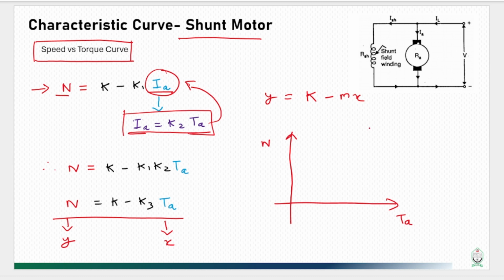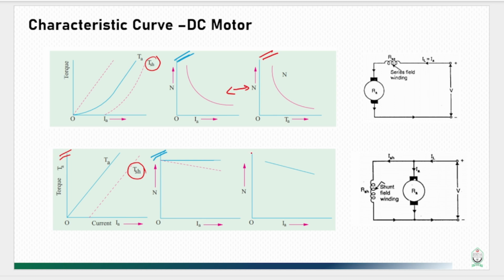So this will be a straight line having negative slope and a constant with positive value. So this should be the figure of the characteristic curve between speed and torque of shunt wound motor. Let us again verify whether we have reached the correct curve or not. Yes, we have done it correctly.